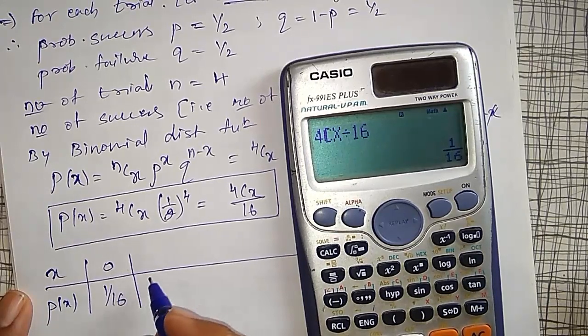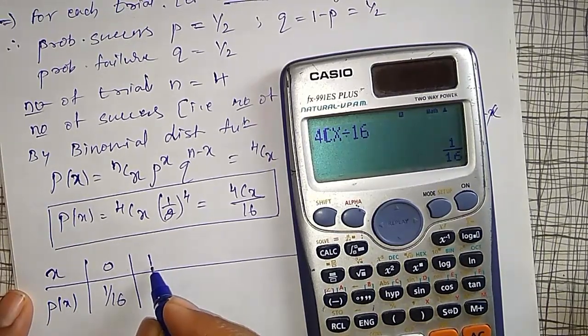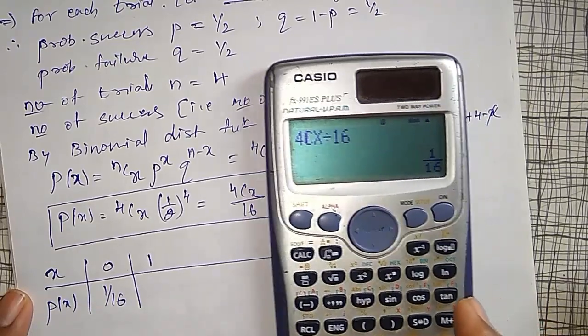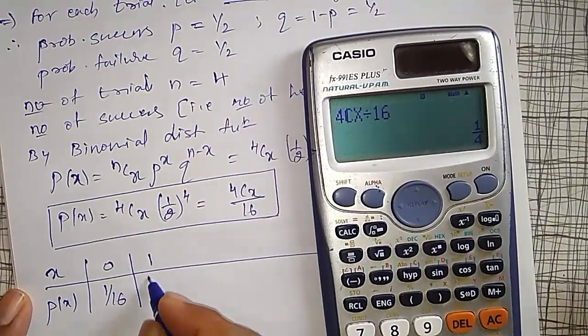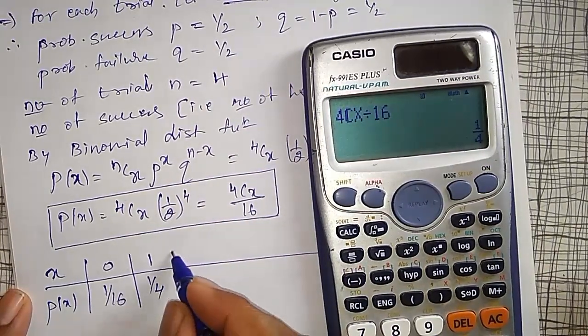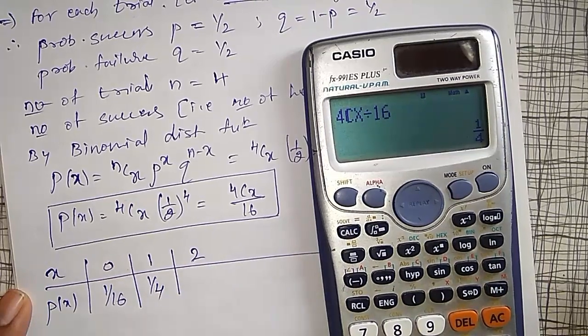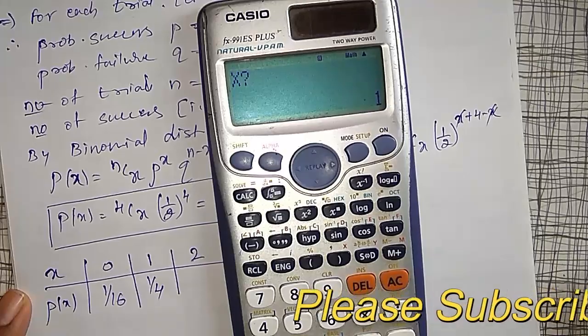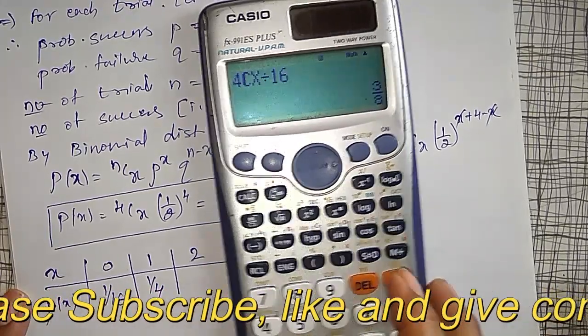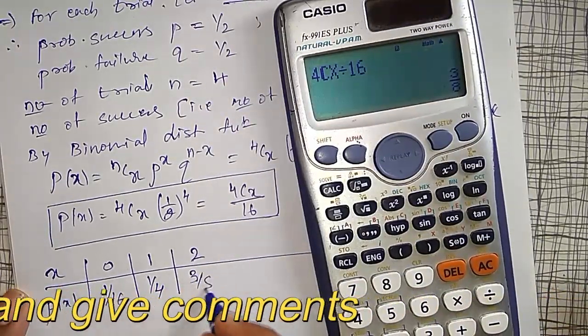Like that, for the probability of 1 success, that is 1 head, again I press equal to, it asks for x, x equal to 1, that is 1 by 4. Then for 2 successes, 2 heads out of 4 tosses, x equal to 2, it is 3 by 8.